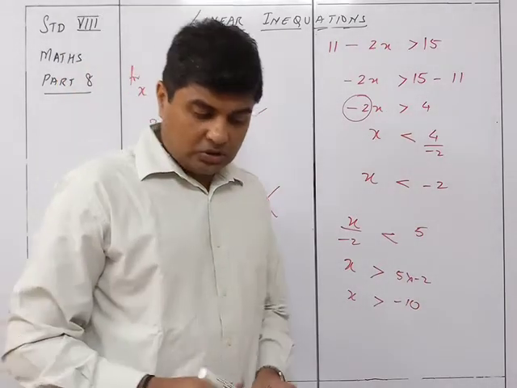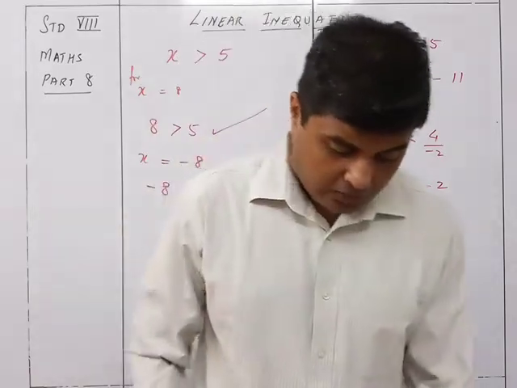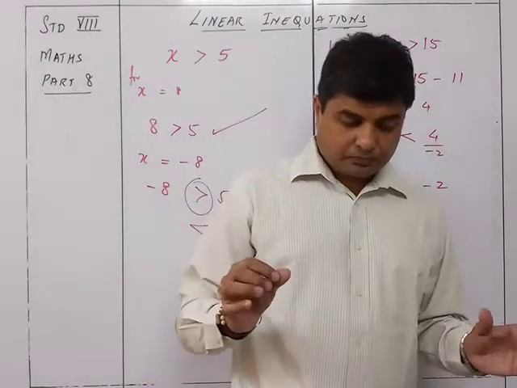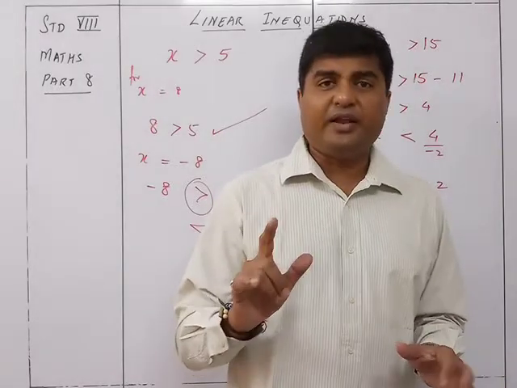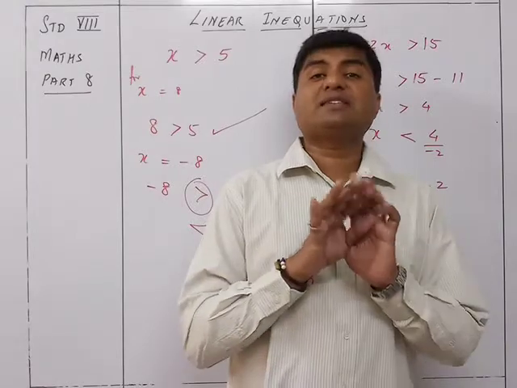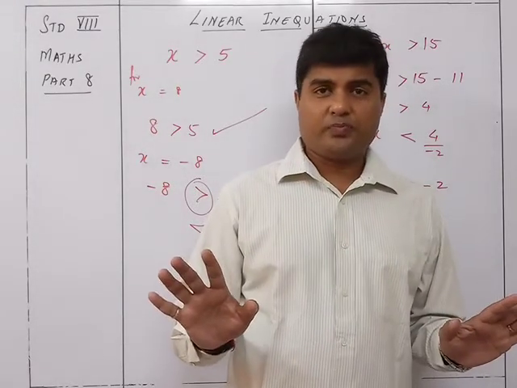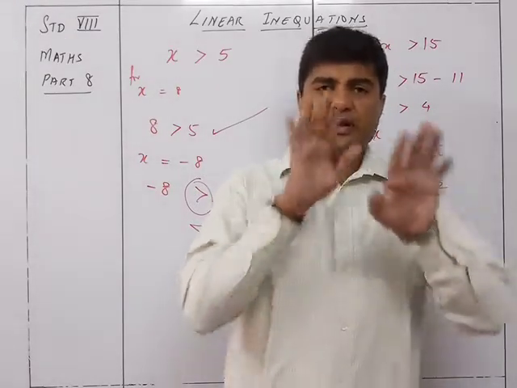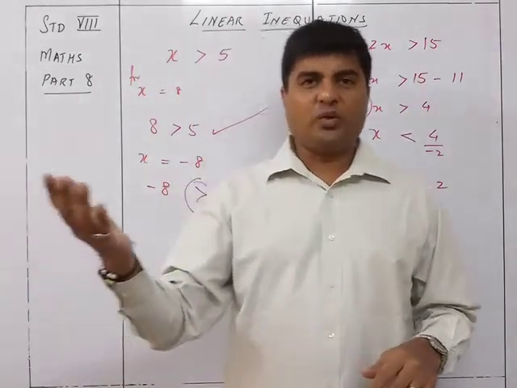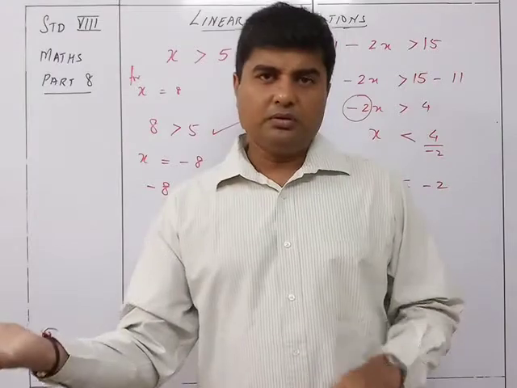Is it clear? So you will find that you need to follow certain procedures, or we can say the properties of inequalities. The first property is: addition or subtraction remains the same as what is there in equations. In equations, what happens to addition? Here addition, there subtraction. If you cross the equal to sign, it becomes reciprocal.